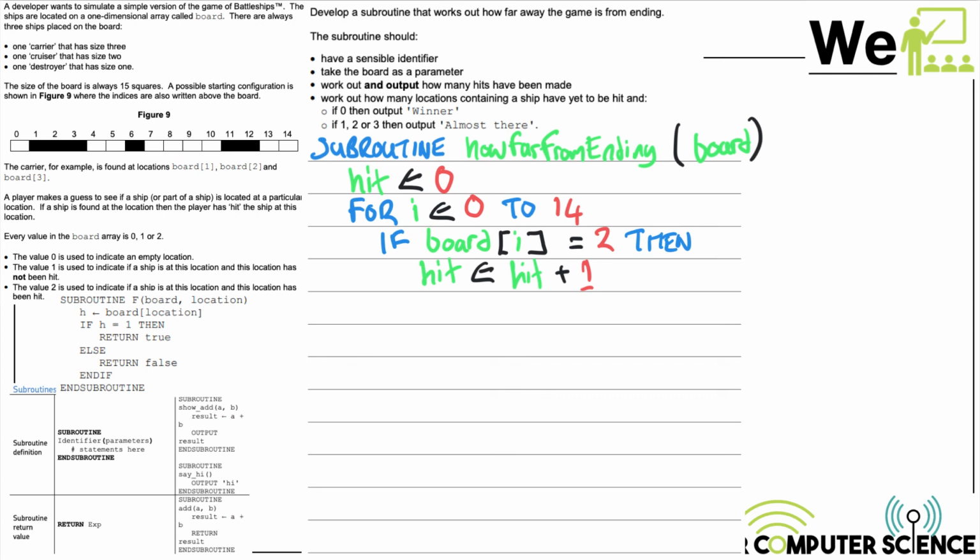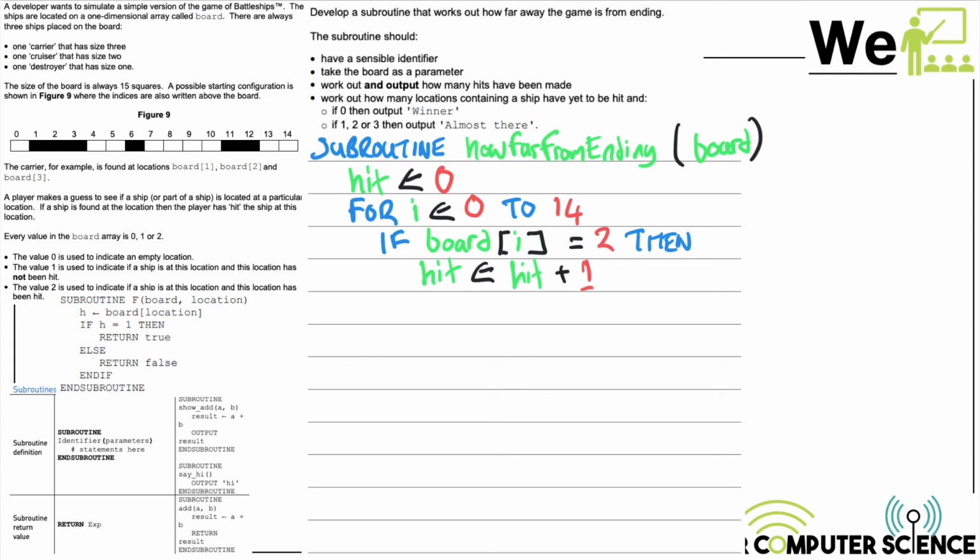What happens if we haven't got a hit? Well, at the beginning, there's 6 things that could be hit. So you could either count every time there's a 1 and say that's yet to be hit, or yet to be hit could be 6 minus the total number of hits, if you see what I'm saying.